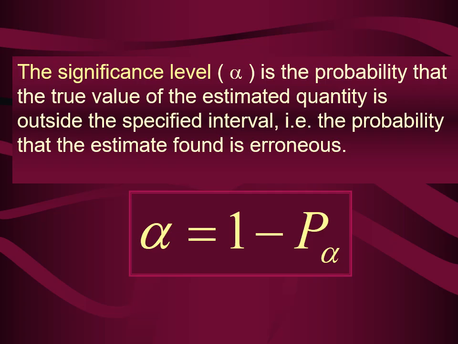For alpha, for the level of significance, so to speak, the requirements or the desire are the opposite. In other words, the significance level shows the probability that the found estimate will be erroneous.